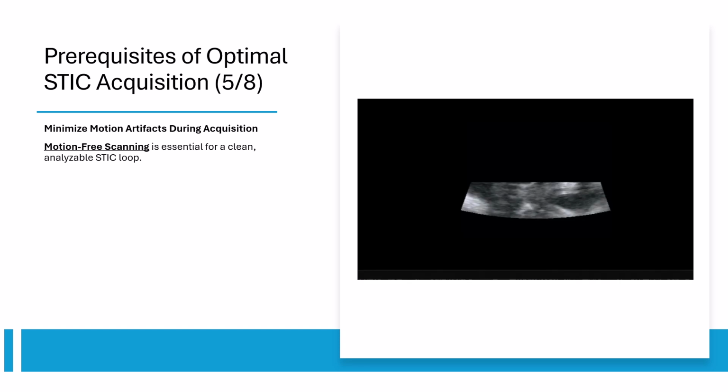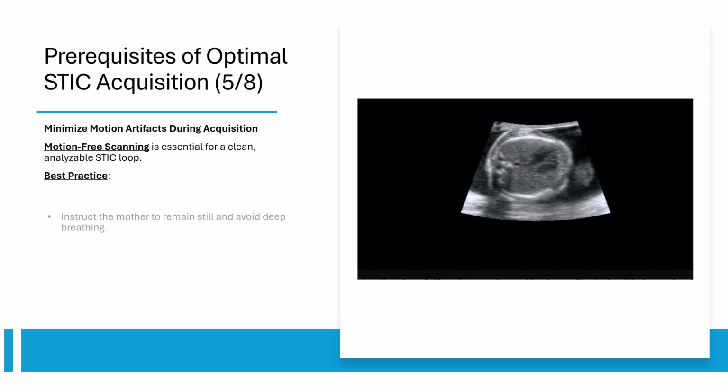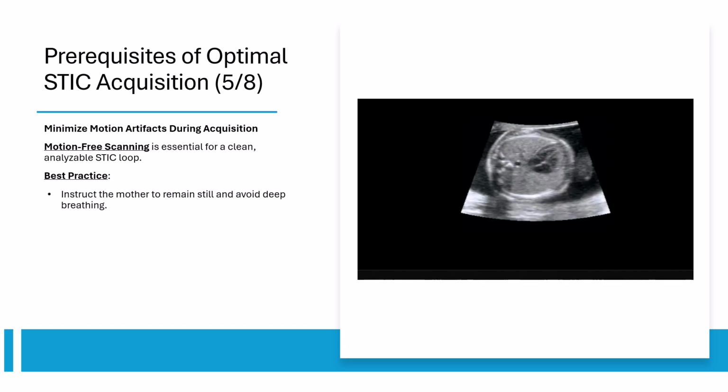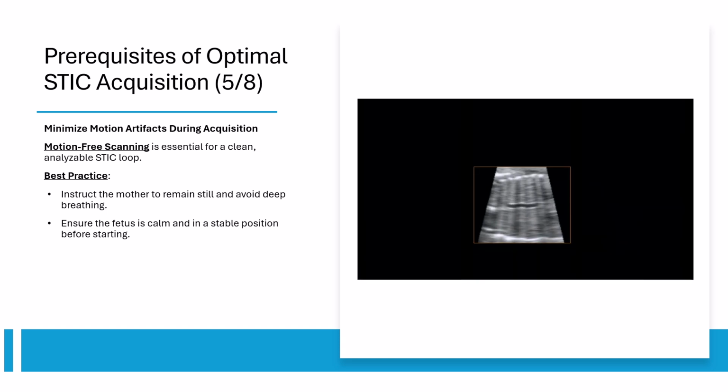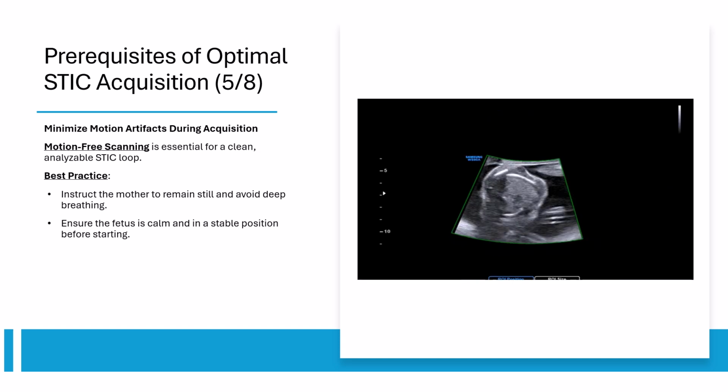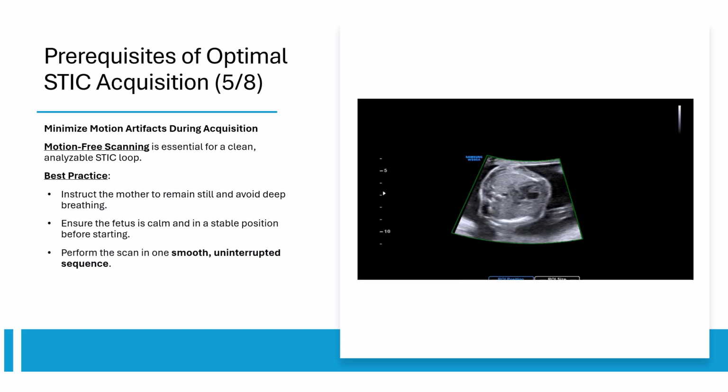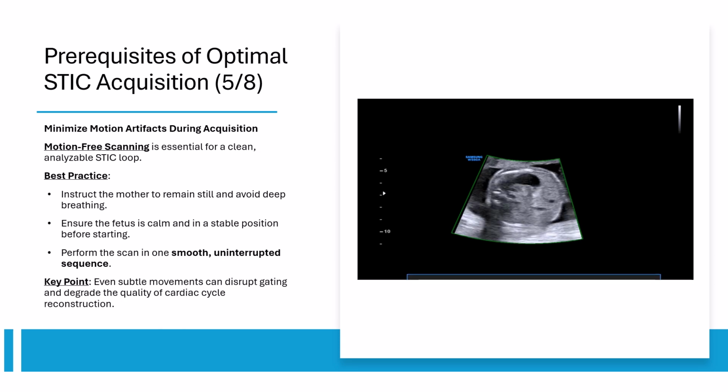To reduce these artifacts, instruct the mother to remain still and avoid deep breaths. Confirm the fetus is calm and stable before beginning the scan. Perform the entire acquisition in one smooth, uninterrupted sequence. Remember, even subtle movements can disrupt cardiac gating and compromise the quality of the reconstructed cardiac cycle.